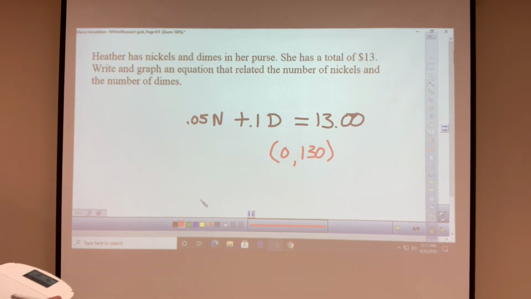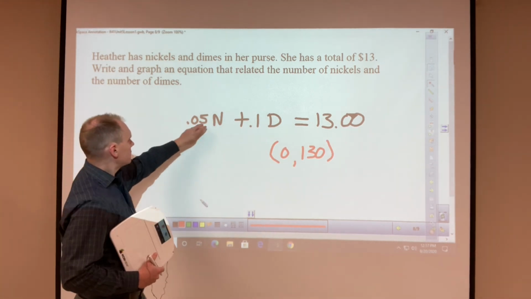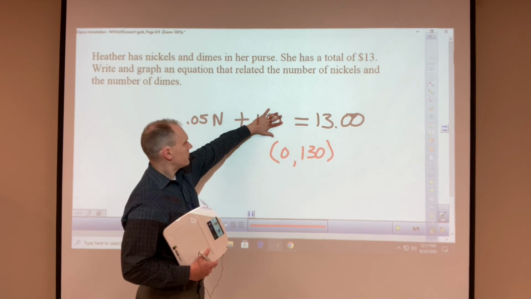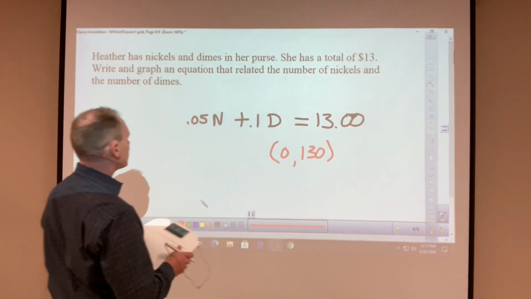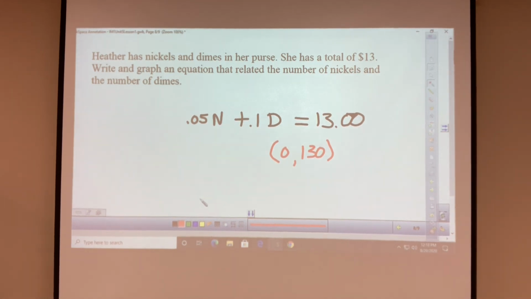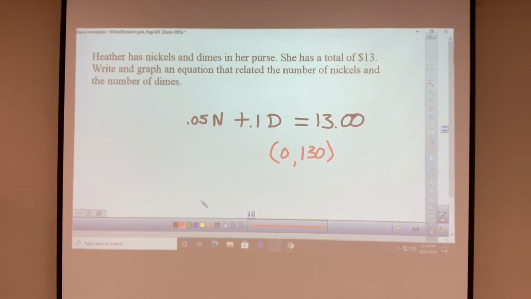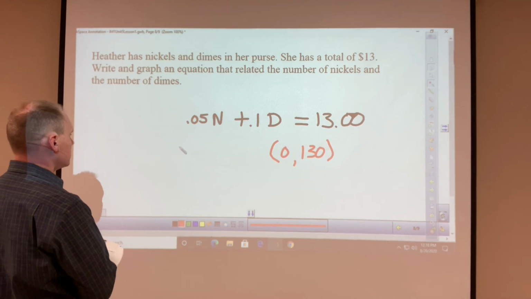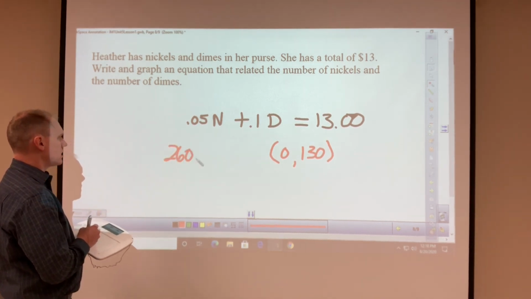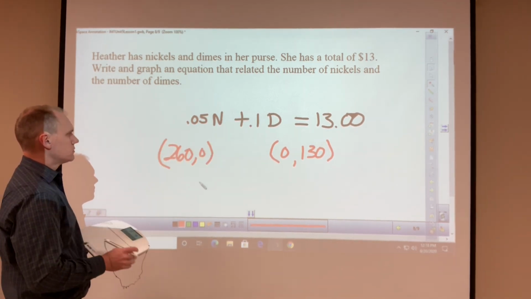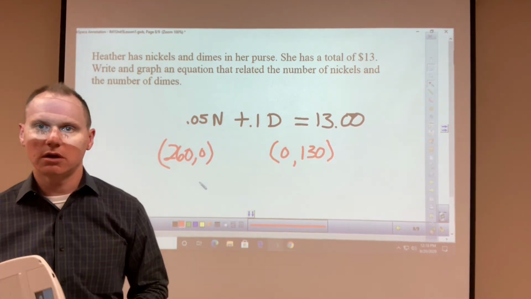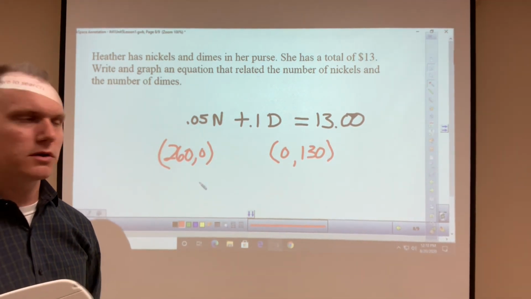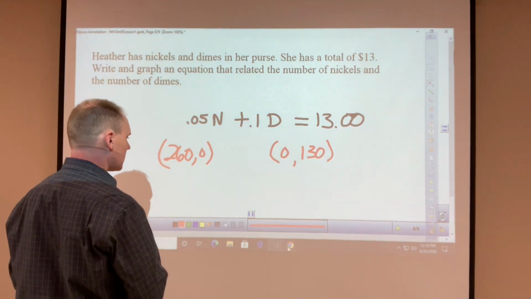And then if I solve for the number of nickels, if there were 0 dimes, 13 divided by 0.05 is 260. So this would be 260, 0. So that's my x and y intercepts, and I can graph it from there, just connecting those 2 points to create my line. And here's what the graph would look like.